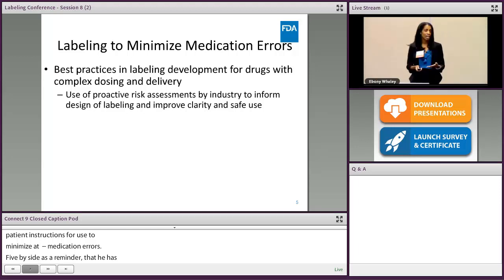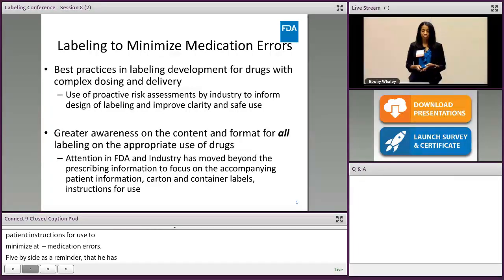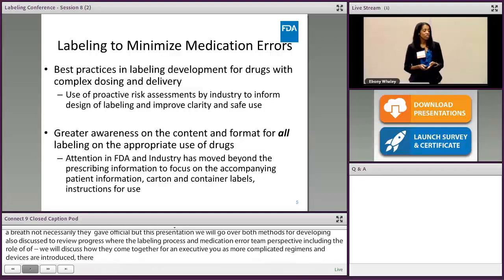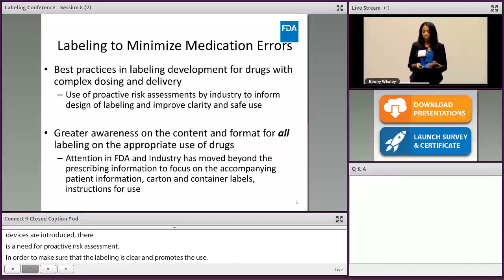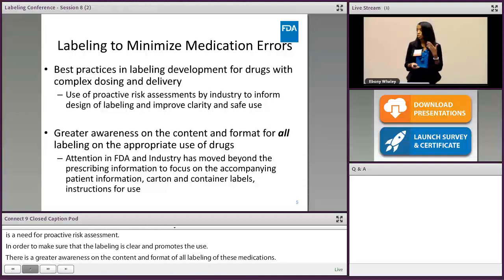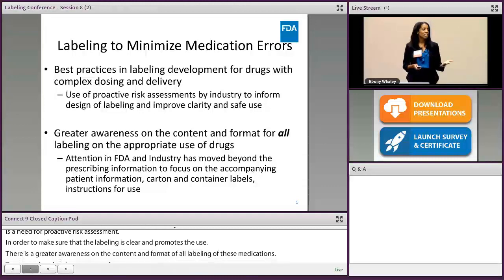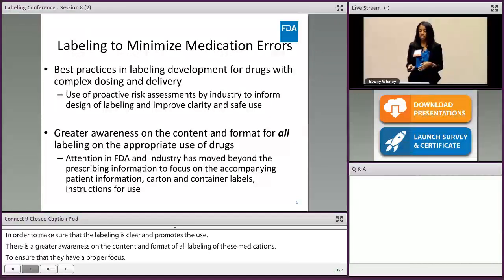As more complicated dosing regimens and delivery devices are introduced to the market, there's also a need for proactive risk assessments to inform the design and content of labeling in order to ensure this labeling is clear and promotes safe use. There's also a greater awareness of the content and format of all labeling of these medications to ensure that they have a proper focus.